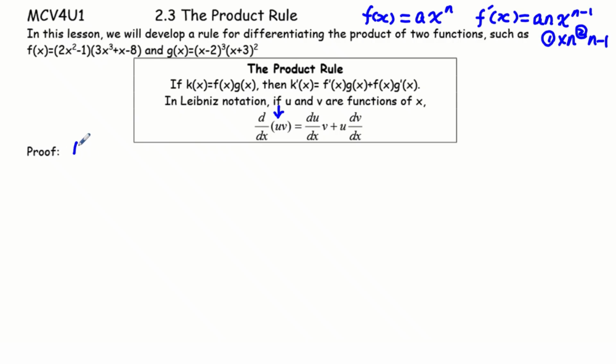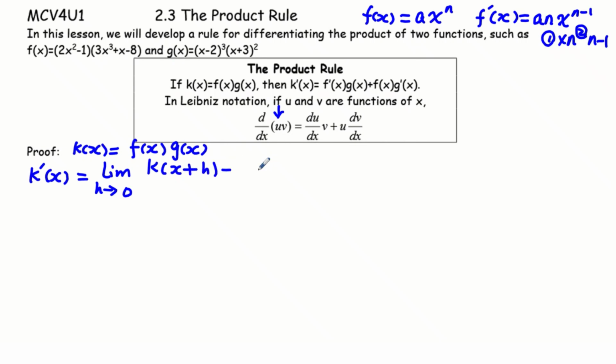So proof: k of x equals f of x times g of x. Then the derivative of k at x is k prime of x equals the limit when h approaches 0 of k bracket x plus h minus k bracket x, over x plus h minus x, which gives you h.